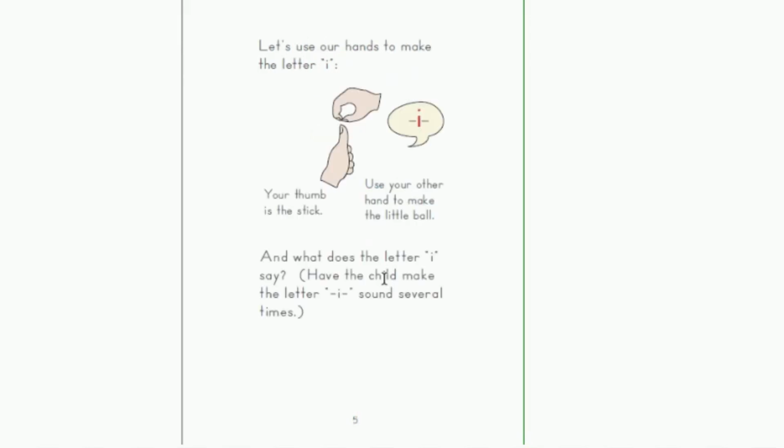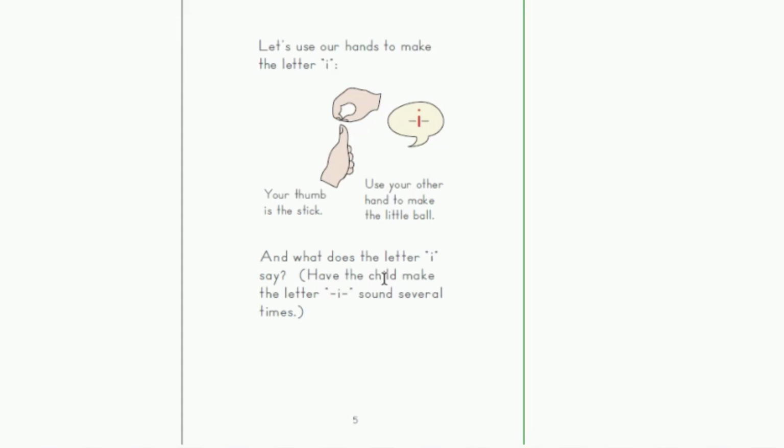So how will we make it with our hands? For small stick, we made a thumb as a small stick. So here also, this is a small stick, and we make it with a thumb. Then you should have a ball over the thumb, the O over the thumb.